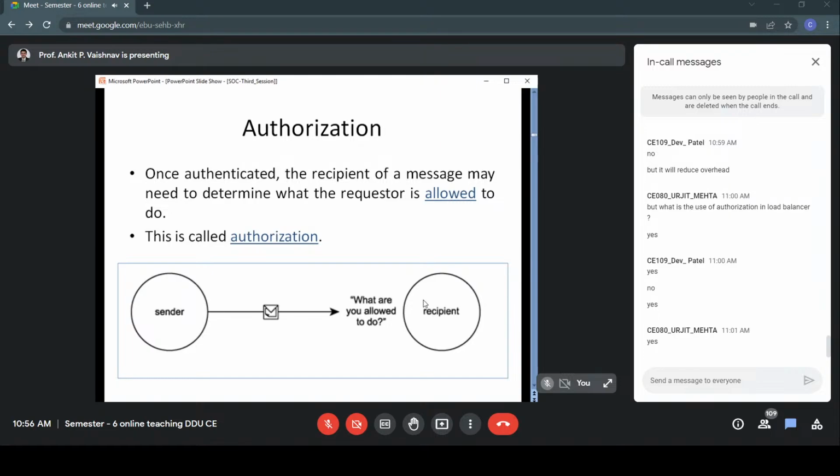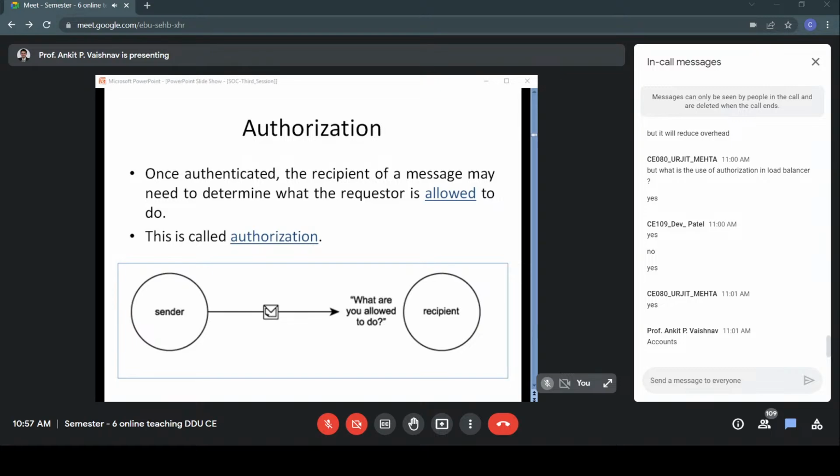Okay. So that is why we need either a separate service, or what you can do is the first service that your requester sends the message to. For example, if the message was going to the account service, we will assign that job to the account service itself.